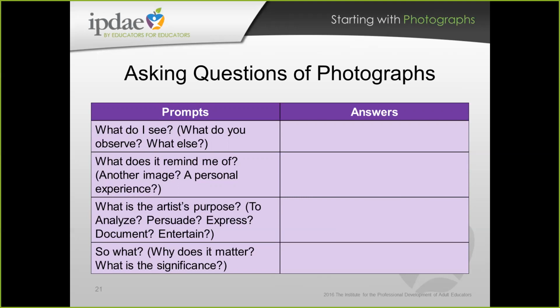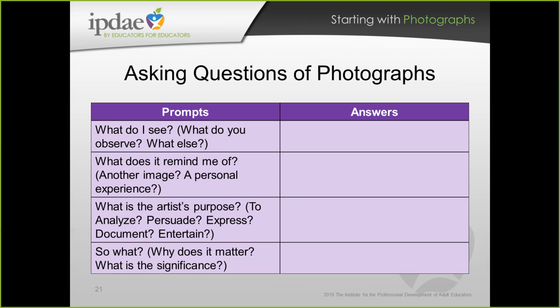So as we go into the next segments, take a look very quickly at these questions. What do I see? We want students to truly see. This is really hard for those of us instructors because we want to see it and immediately go into what it reminds us of or that inference that it makes. But we want our students to just look and truly ask, what exactly do you see?